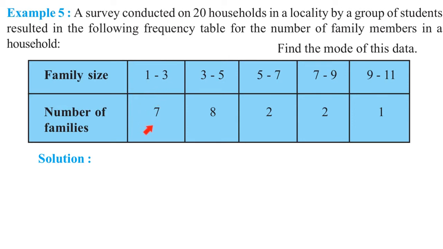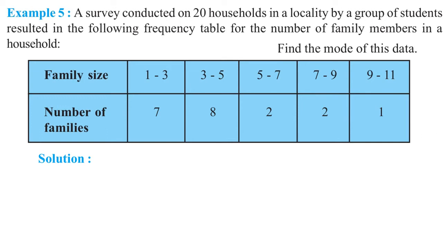Number of families, 7. If the family size was from 3 to 5, the number of families was 2. From 5 to 7, number of families 2. 7 to 9, 2. 9 to 11, 1. So we need to find the mode of this data. So let's figure it out.